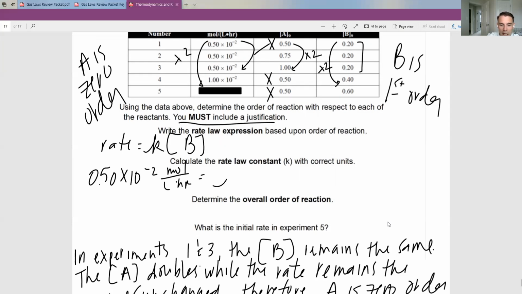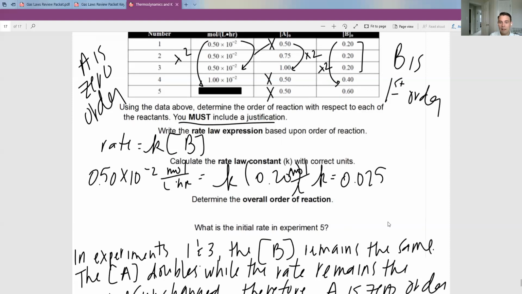That will be equal to k times the concentration of B, 0.20. Divide both sides by 0.2, and k will equal 0.025 units. This is molar, which is moles over liters.